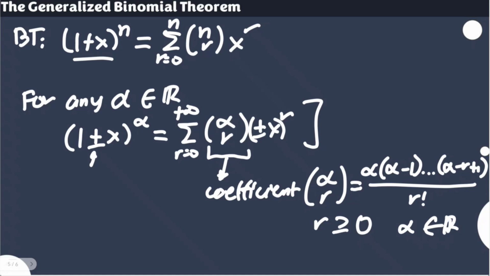So in case we have a negative exponent, where the original binomial theorem cannot be applied, the generalized binomial expansion can handle it.